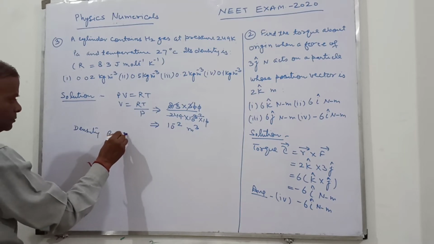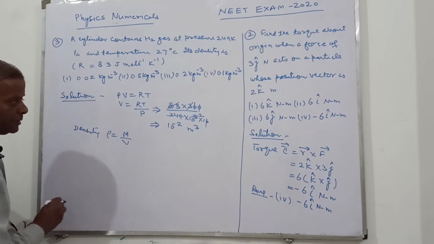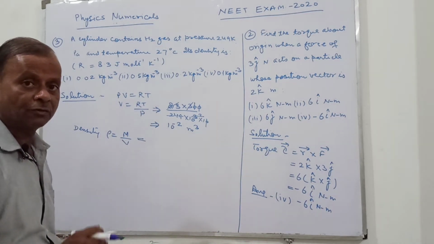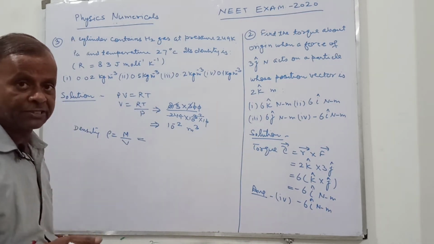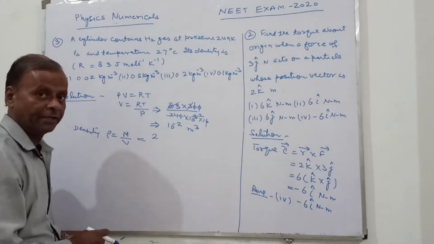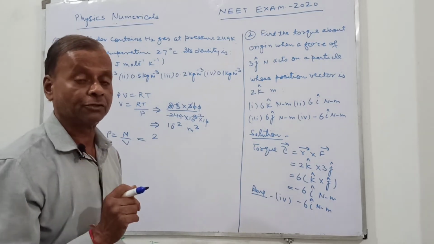Density rho equal to m upon v. M is the molecular mass or molecular weight of the hydrogen gas, and the molecular weight of hydrogen gas is 2. This 2 is in grams, 2 gram.